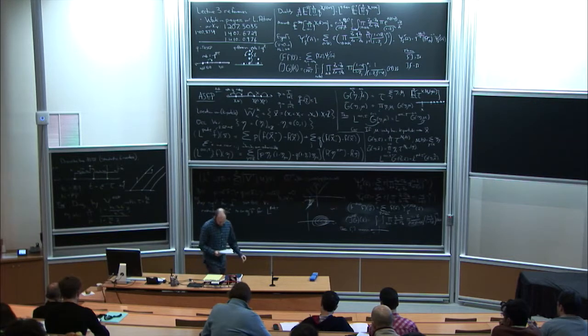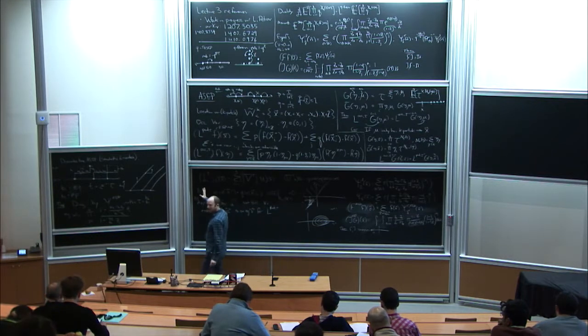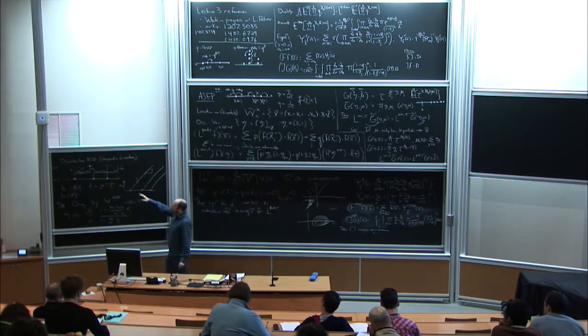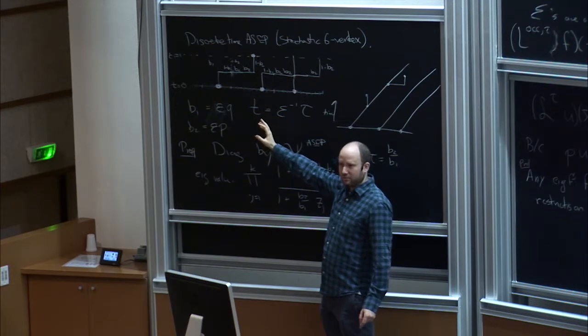I'm not going to prove this, but let me give you one warning. Unlike ASAP and unlike the Q-boson system, I do not know, and I don't think it is possible, of a way to solve this by the form of coordinate Bethe ansatz, which I explained to you.